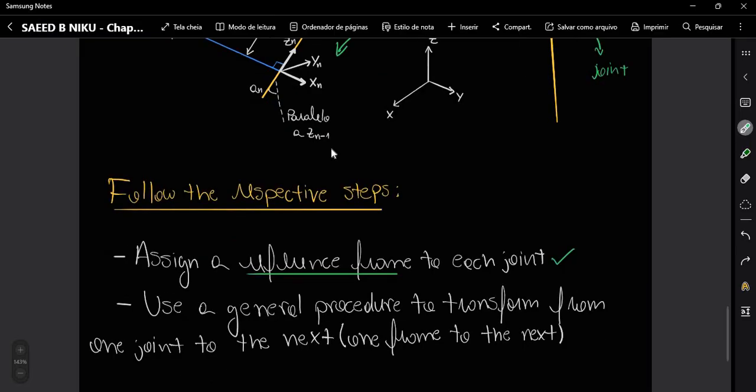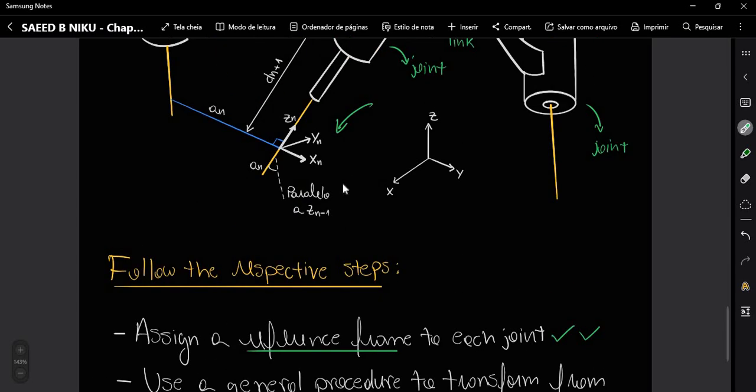So on the checking list we are verifying this first condition, completing this condition, which is assign this reference frame. And well, at this point you know very well what is a reference frame.